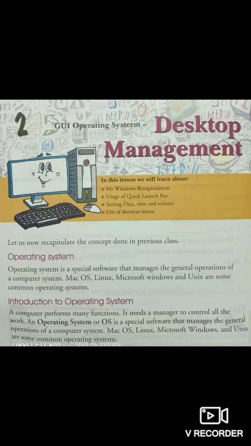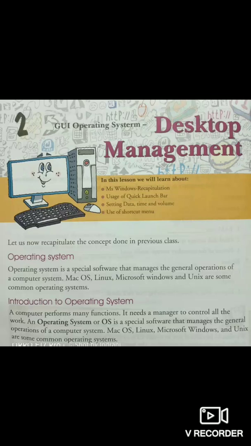Right? So, let's start. As I already discussed in my earlier classes, what is an operating system? An operating system is a special software that manages the general operations of a computer system.